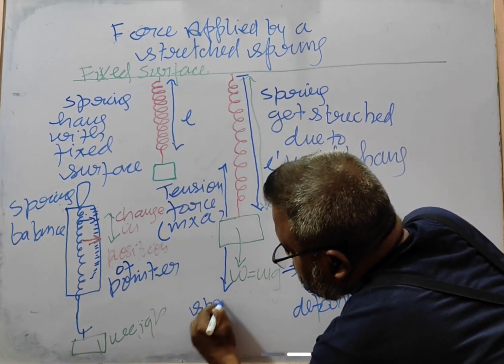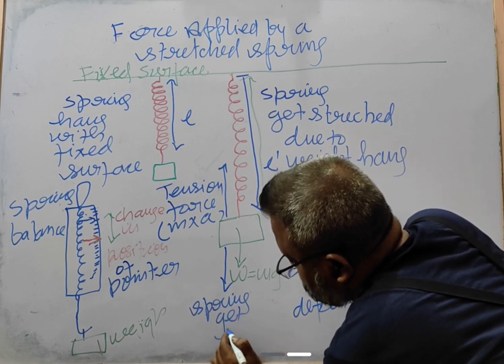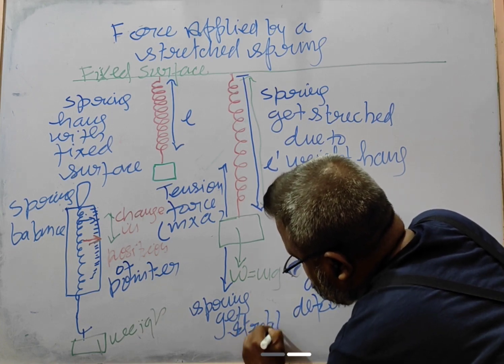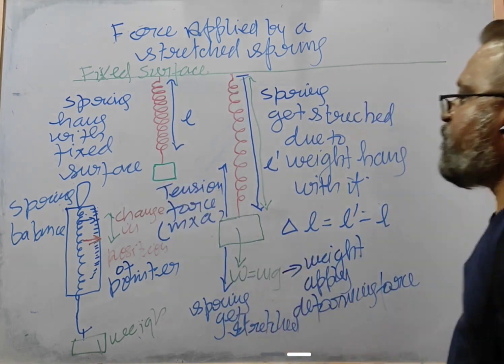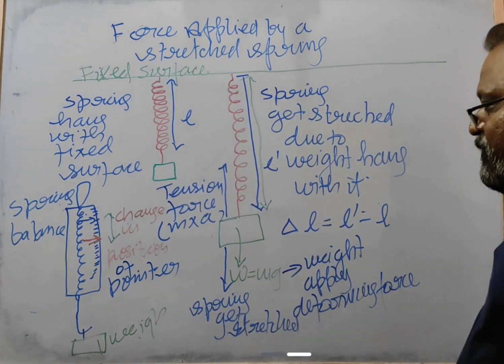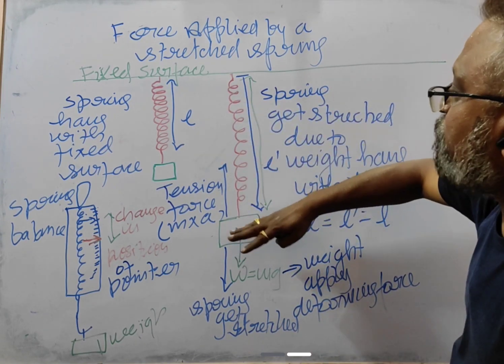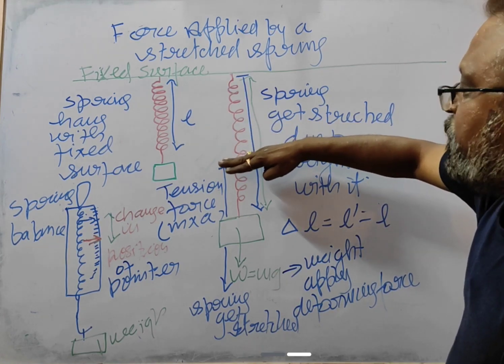So the spring gets stretched, right? And this tension force which I am telling, this is a reforming force. It is trying to bring it to the normal position, right?